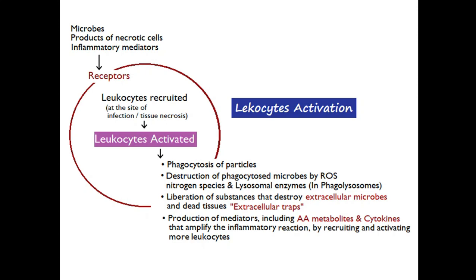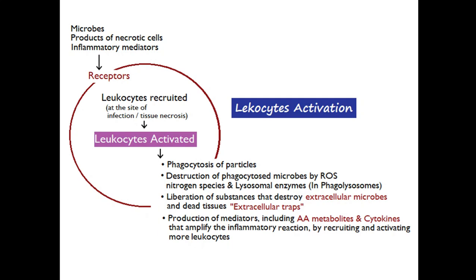In addition to their intracellular killing and degradation of the pathogens, the leukocytes kill and destroy the microbes that lie outside the cells, which we call extracellular microbes. And for this purpose, the leukocytes use their DNA and form extracellular traps, net-like structures that entrap the pathogens, and in this way the pathogens are killed.